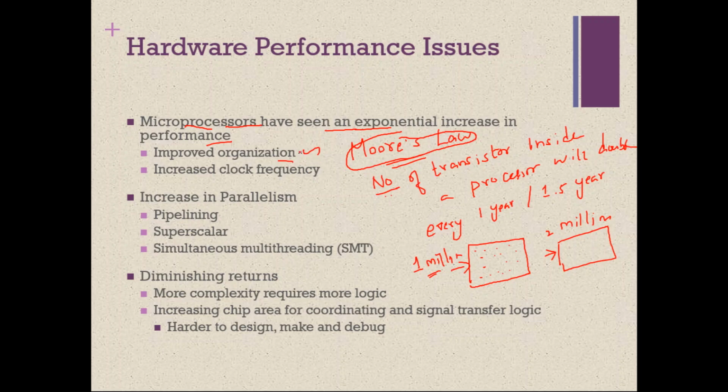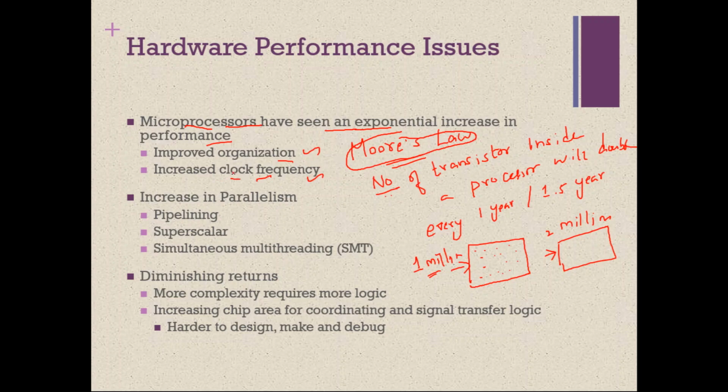So improving performance means improving organization and increasing the clock frequency. But this is a little skeptical, because you know that just increasing the clock frequency will not improve the performance. The number of instructions executed with a lower frequency should be the same as the number executed with the improved frequency.